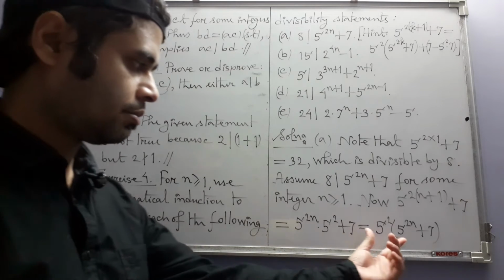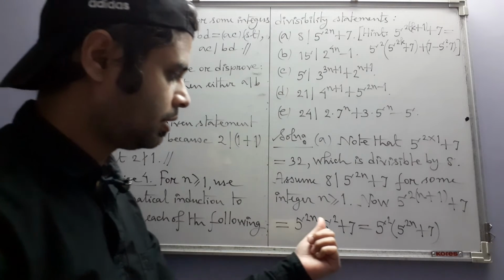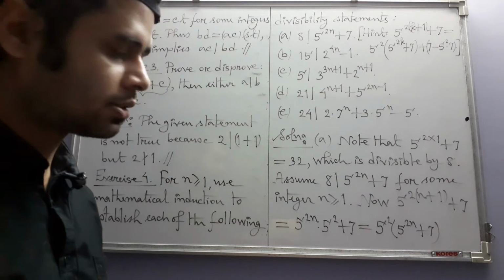Originally, this one we already have, 5 square times 5 to the power 2n, but we have written 5 square times 7.